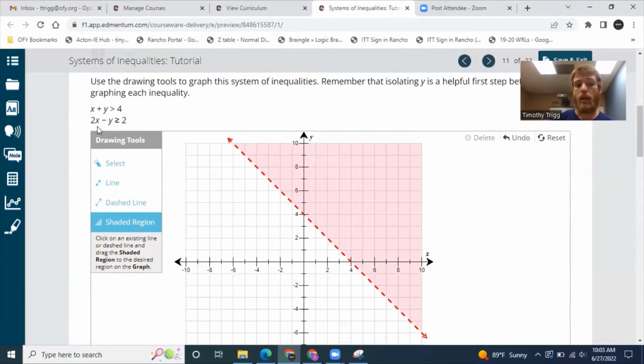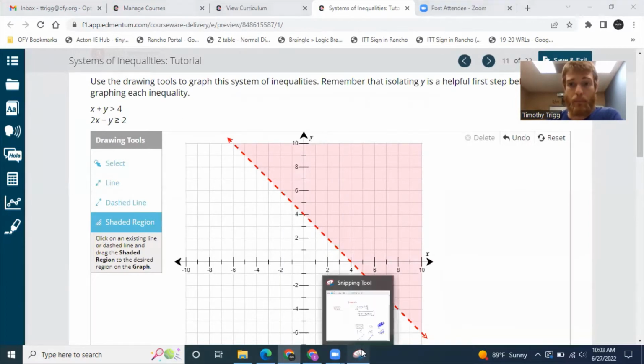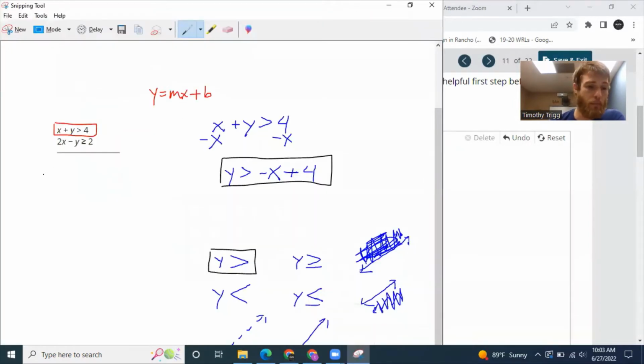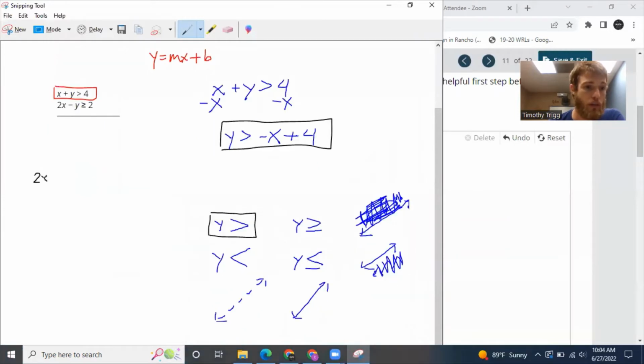Now let's try to graph this second inequality: 2x minus y is greater than or equal to 2. This one's a little more complicated, but I'll show you exactly how to do it. Once again, my first step is always to get y by itself.